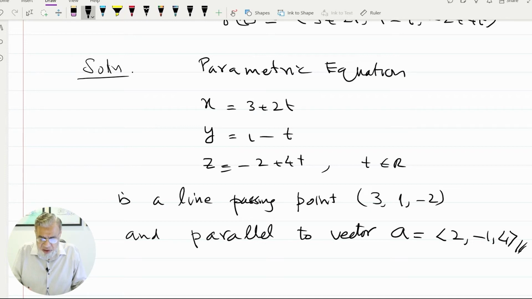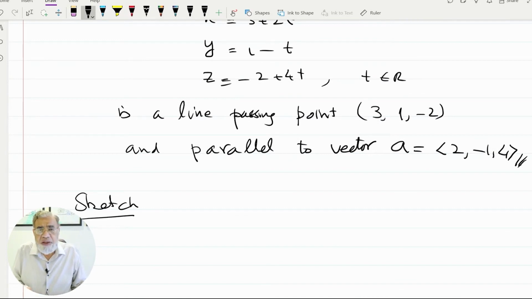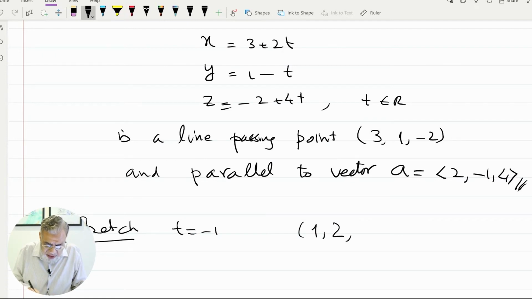If you want to sketch this, we can use points. We can have many points on the line, for each value of t in the domain, which is the real numbers. For example, I take t equal to minus 1, and we get the point 3 minus 2 equals 1, 1 minus minus 1 becomes 2, and then minus 2 minus 4 is minus 6.